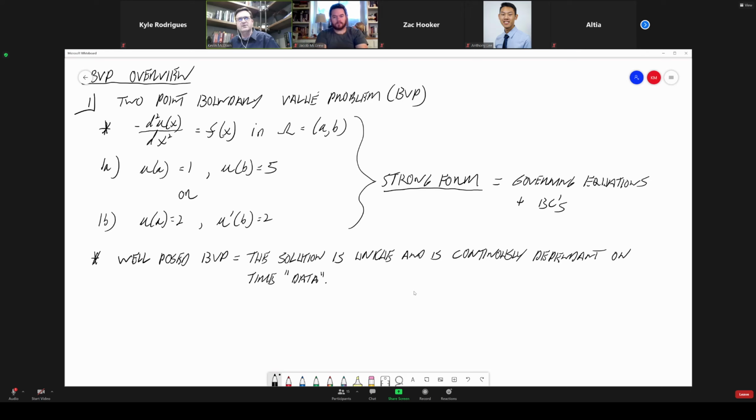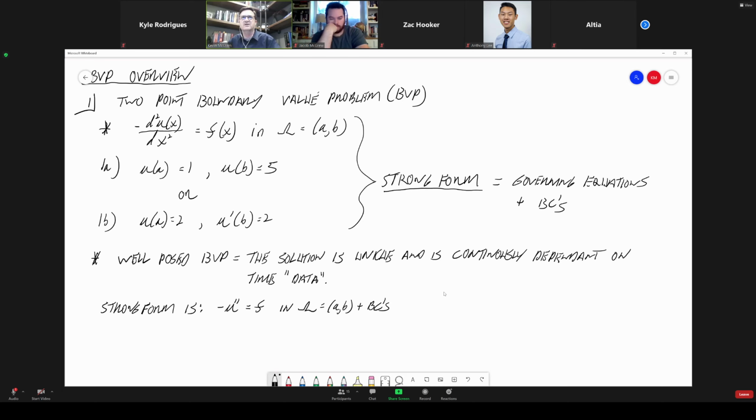So the strong form is minus u double prime is equal to f in omega, which is a to b, plus boundary conditions.